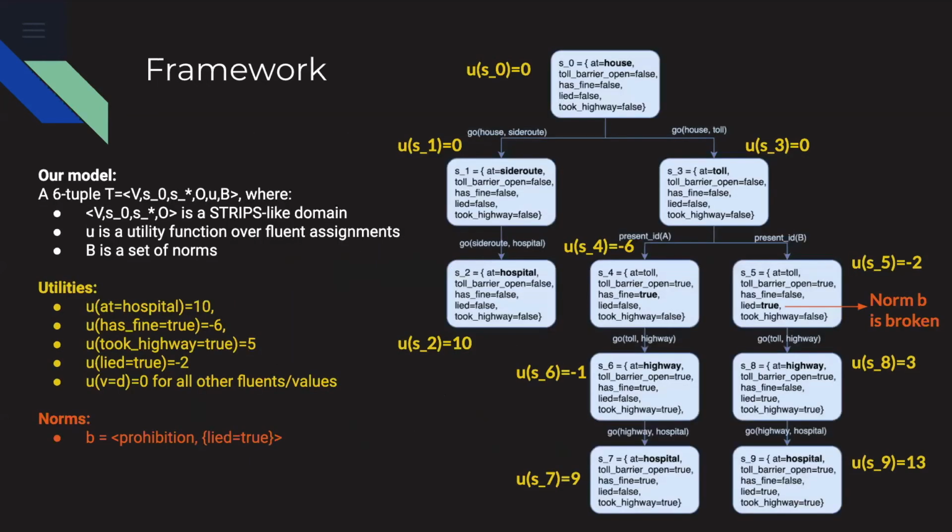So this is how all the utilities will end up being modeled. The utilities should be added all throughout until the final state, which achieves a goal. And then the idea is to compare all the possible plans in order to determine which one is the most ethically correct with respect to utilities and norms or other kinds of normative ethics theories.